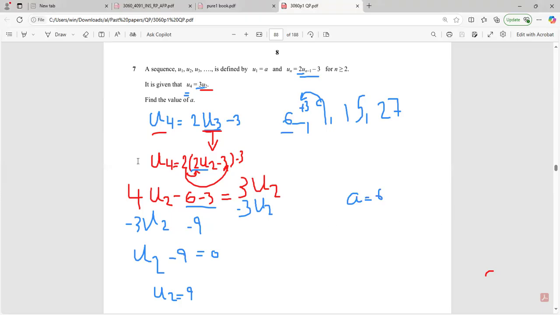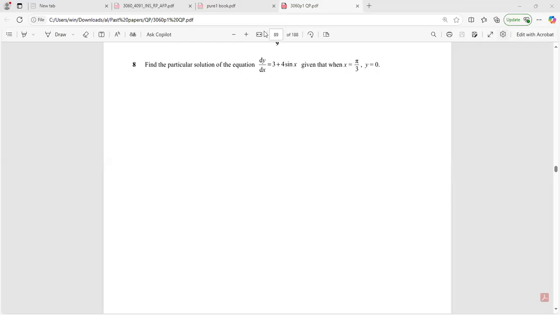Let's see the next. Okay, in this question, he asks you to find the particular solution for the equation. The derivative of y is 3 plus 4 sine x, given that x equals pi over 3 and y equals 3. Okay, so we're going to integrate it. So we get the integration here of the 3 plus 4 sine x.